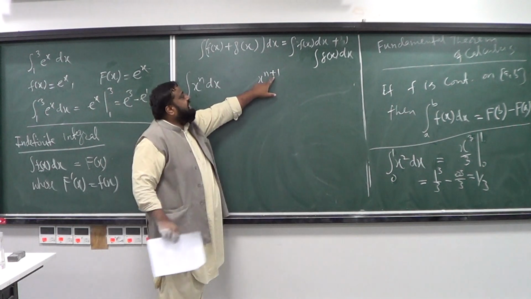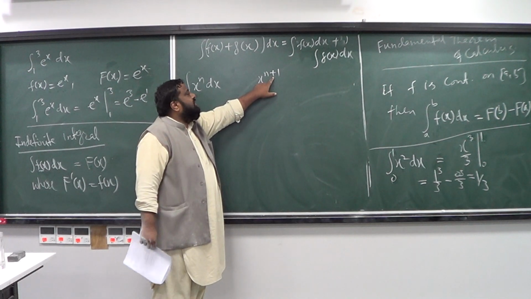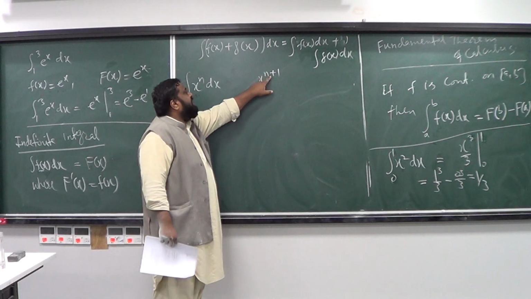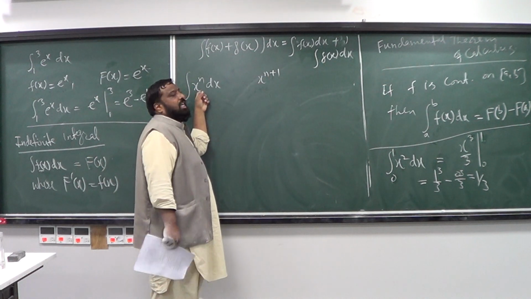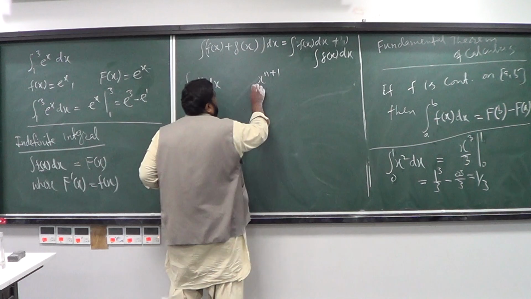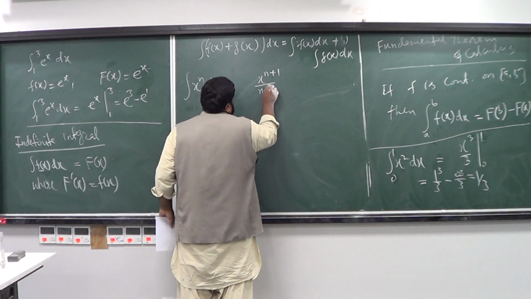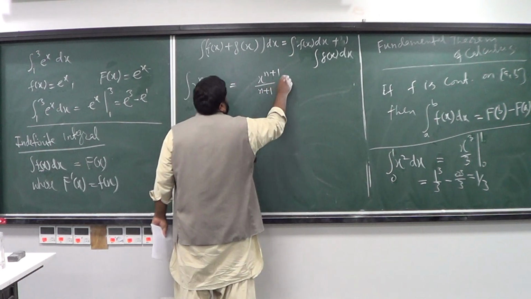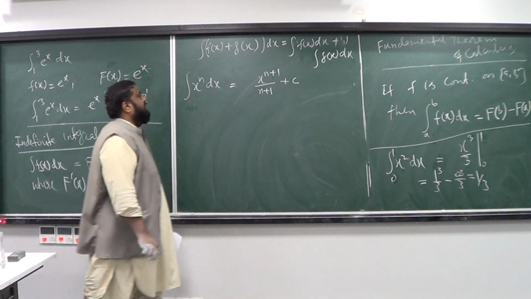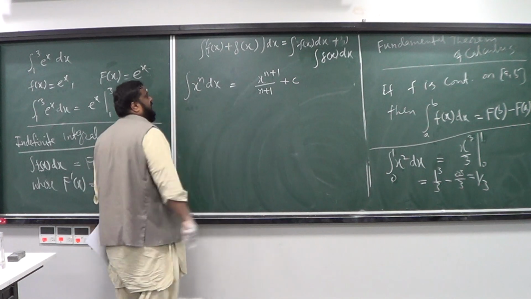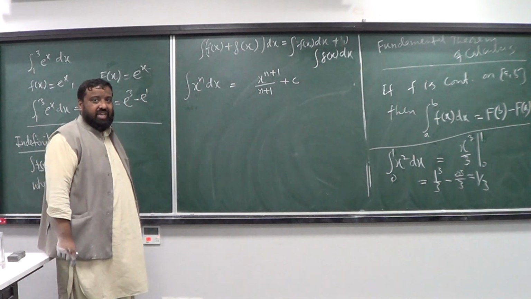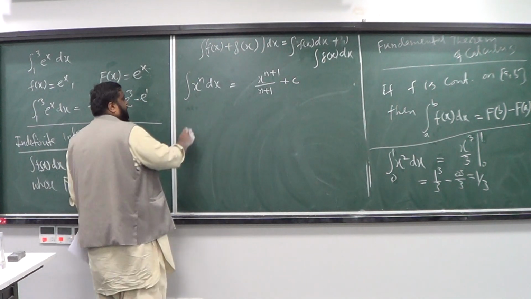But if I differentiate x power n plus 1, the trouble is I get n plus 1 multiplied by x power n, and I want only x power n. So I need to divide by n plus 1, plus the constant c. So this function is the antiderivative of x power n.